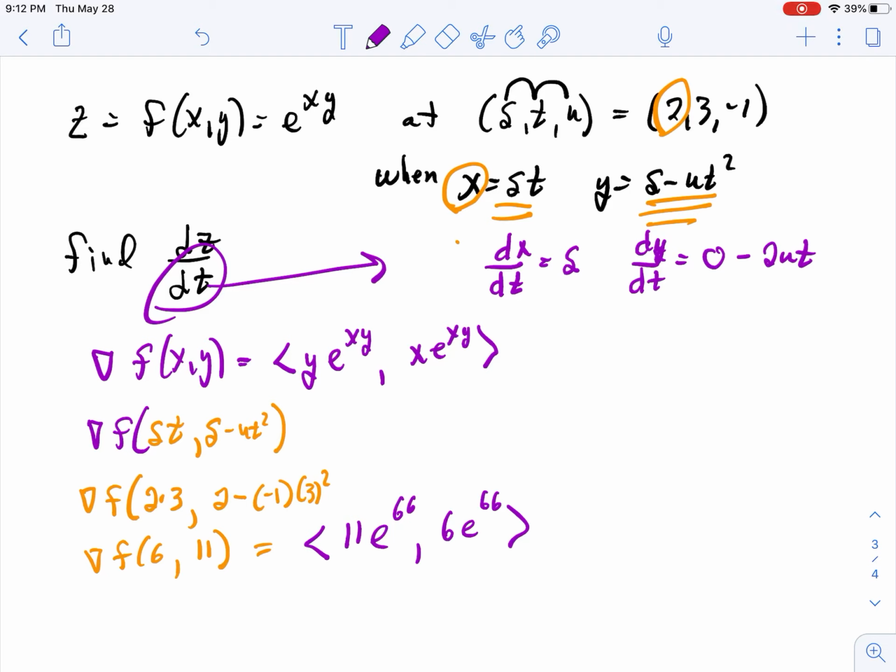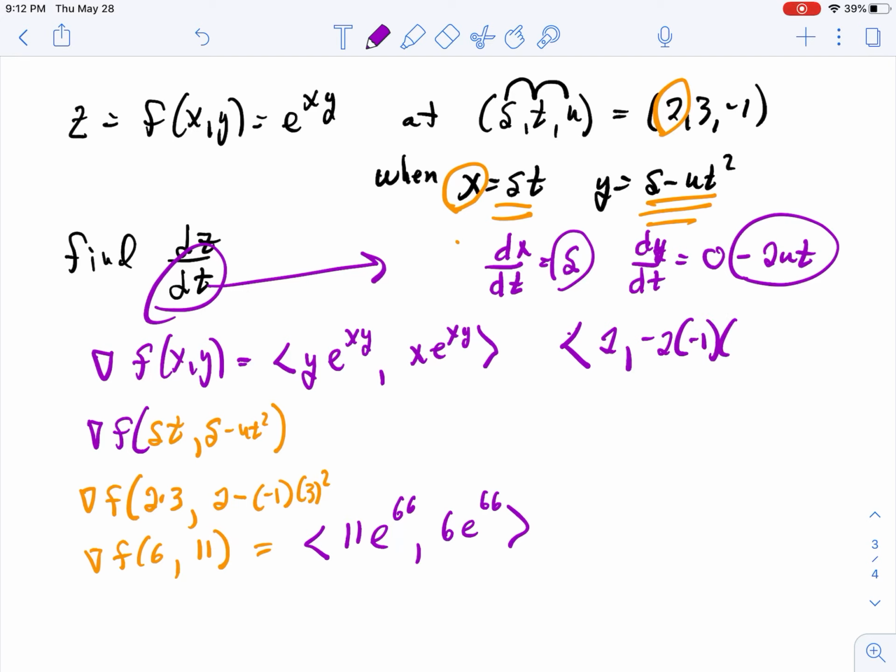Okay. I just want to double check, make sure I did the derivative right. All right. So plug in my values now. My s is a 2.